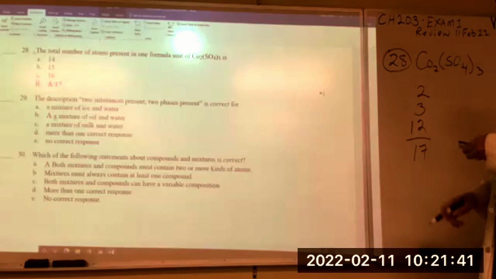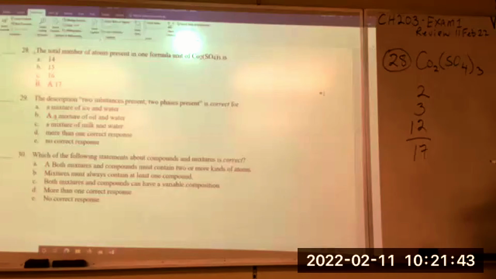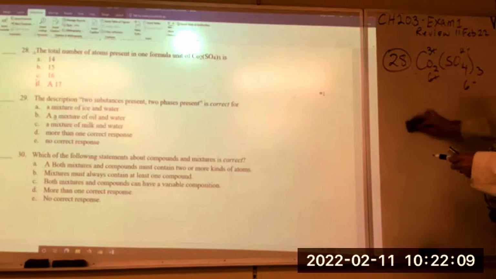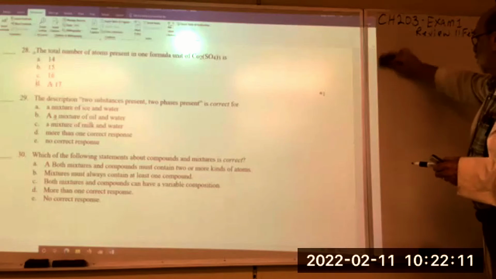There's the answer. This is the polyatomic ion. That's why it has parentheses around it, because it behaves as a single unit in this compound. It has a 2 minus charge, right? It has 3 of them, which is 6 minus total. So that means with 2 cobalts that needs to be 6 plus total, each one is 3 plus. I gave you that one for free.